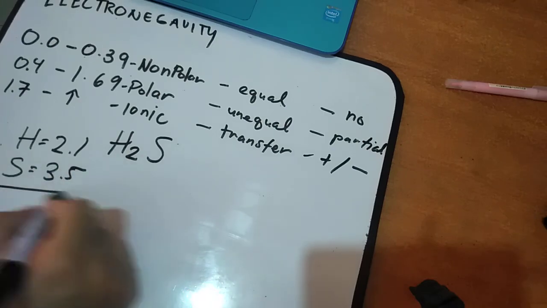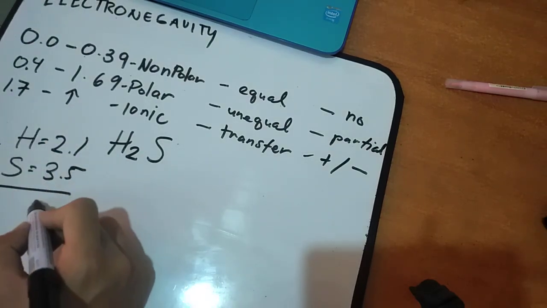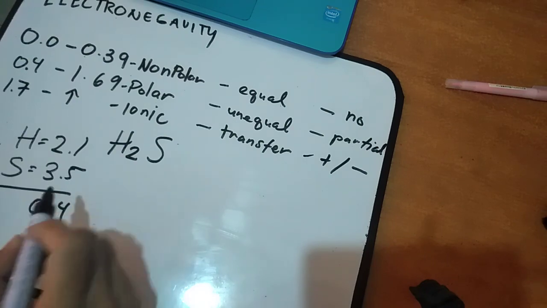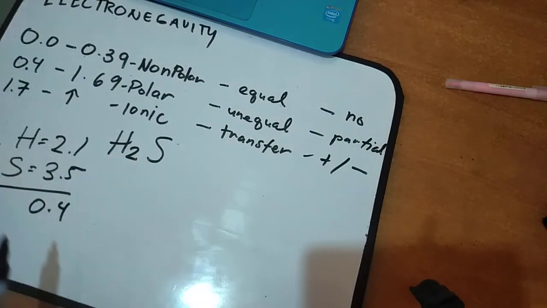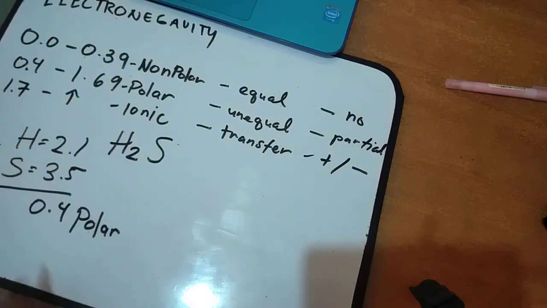So, simply subtract 3.5 minus 2.1. It would be 0.4. So, 0.4, nasan siya dyan? So, it would be a polar covalent. Okay?